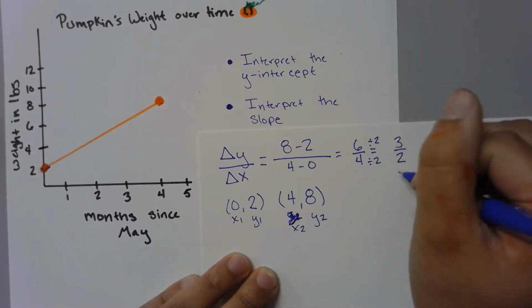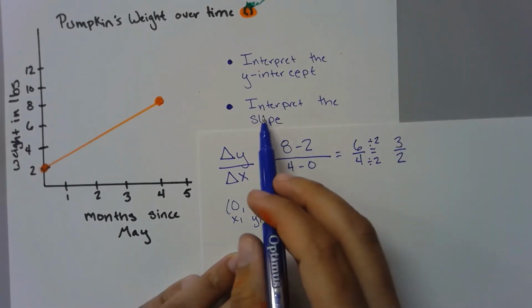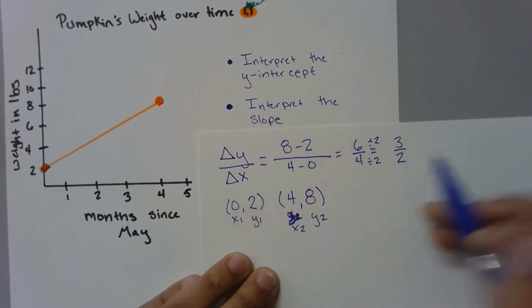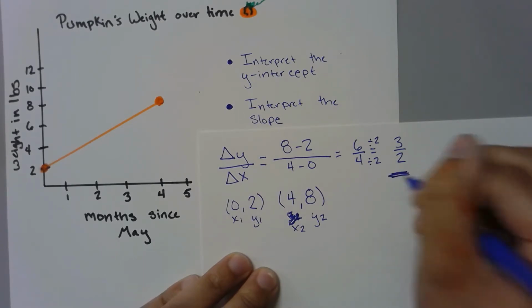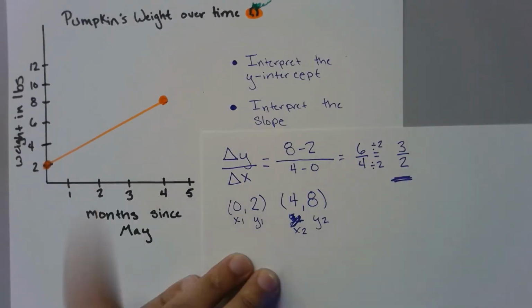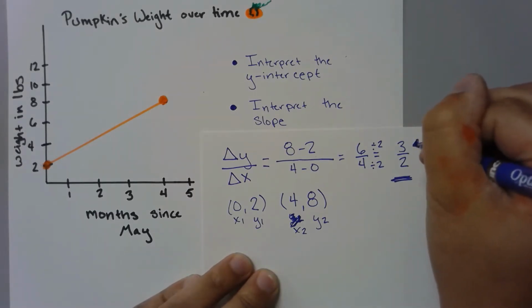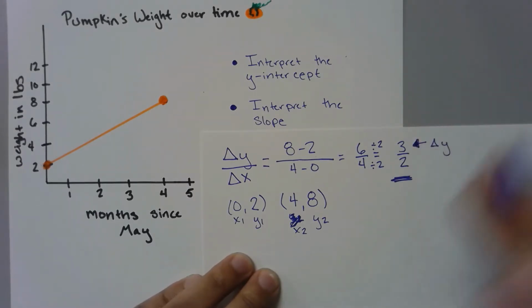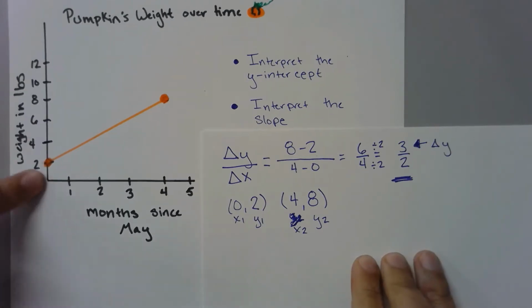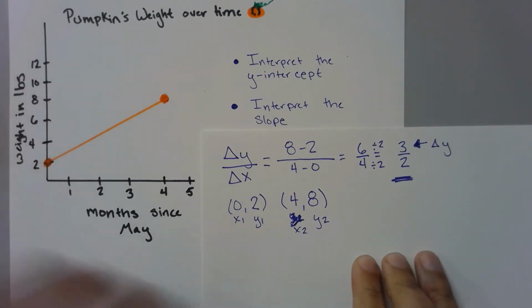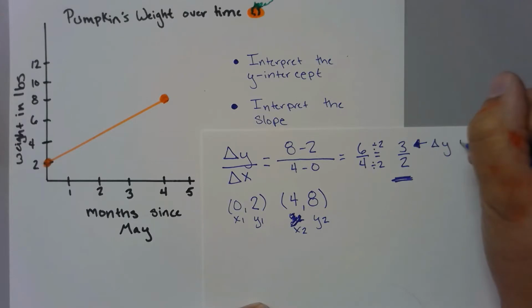Good job finding slope if you're here, but it asked me to interpret the slope. So it's not enough to just find what this number is. You got to tell me what this number means in the context of this graph. So remember, we said that 3 represents change in y. Well, if I look at my y-axis, the axis that goes up and down, my y-axis measures weight of the pumpkin in pounds.